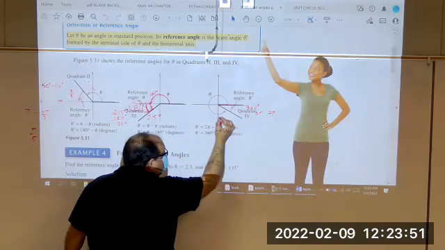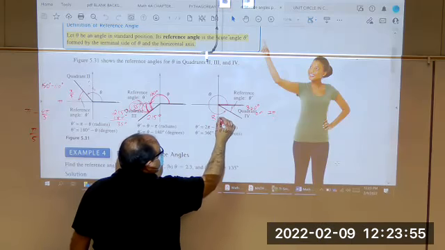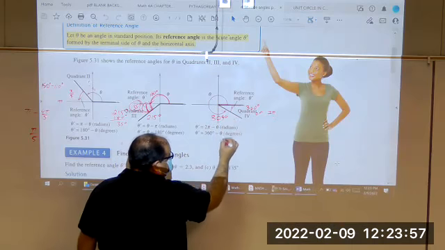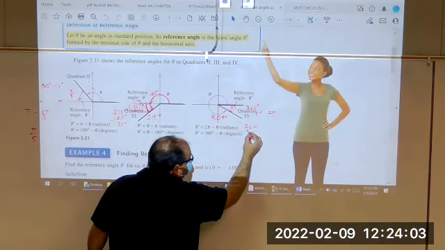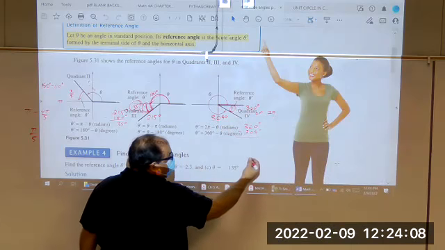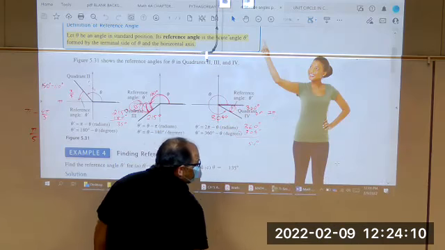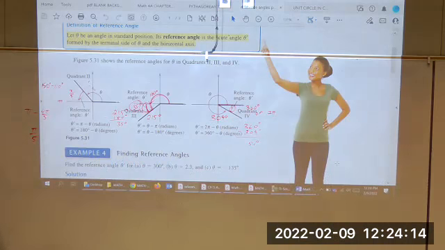So if this angle right here is 309 degrees, then how much are we short would be 360 minus 309. So we're short 51 degrees, and that's the reference angle to the x-axis. It's all about going to the x-axis.